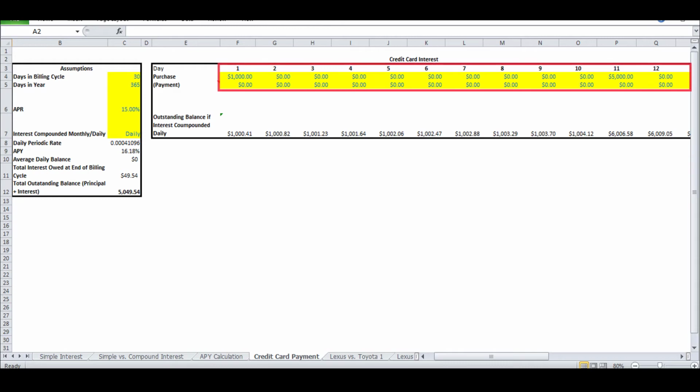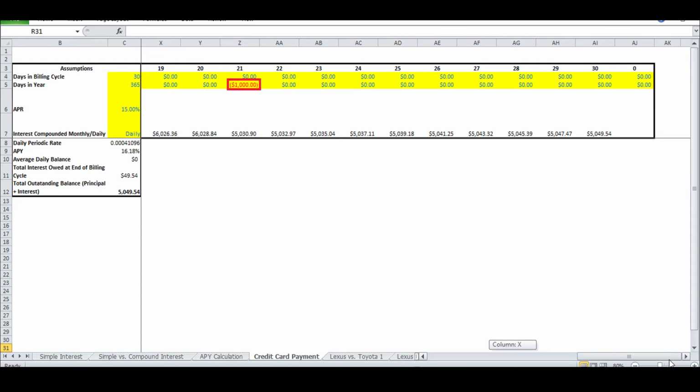Moving to the right, you can see any purchases or payments, and we're using the same amounts and dates as in the previous example, so you can see here on day 1 $1,000 is charged, then on day 11 $5,000 is charged, and lastly on day 21 $1,000 is paid.